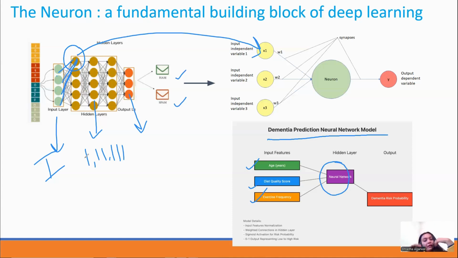And we dove deep into how inside the neuron this data is getting processed, what is the mathematics inside the neuron. And today we will go in detail into how activation functions are working. And finally, we had the output, the dementia risk probability, right?